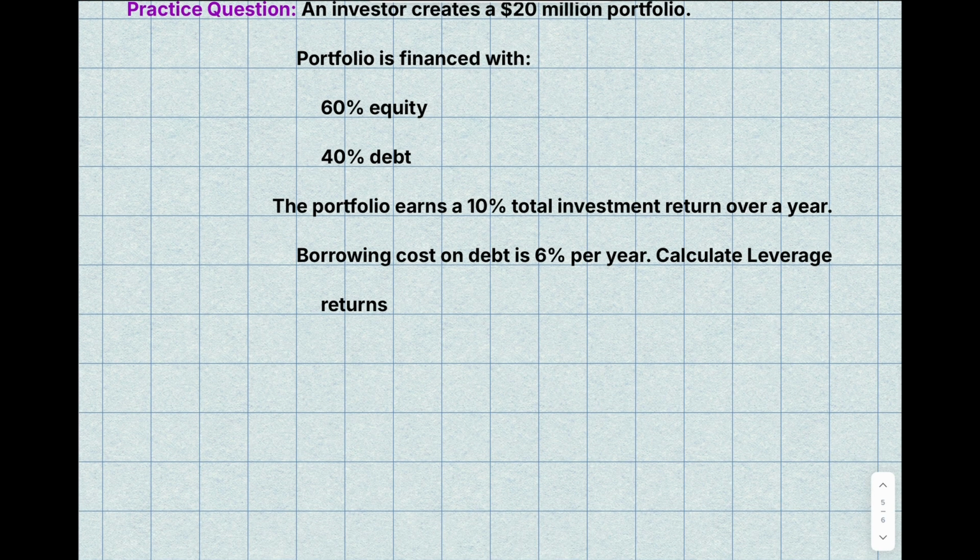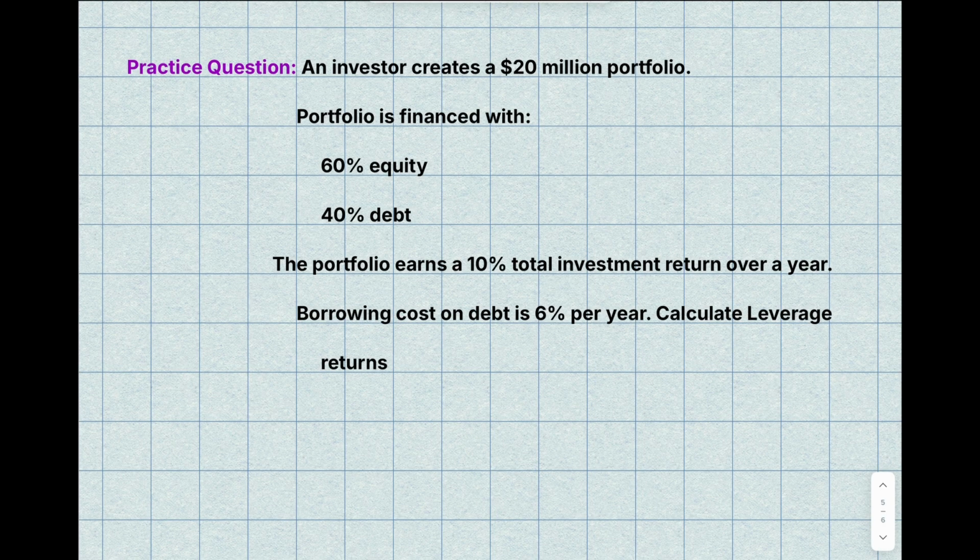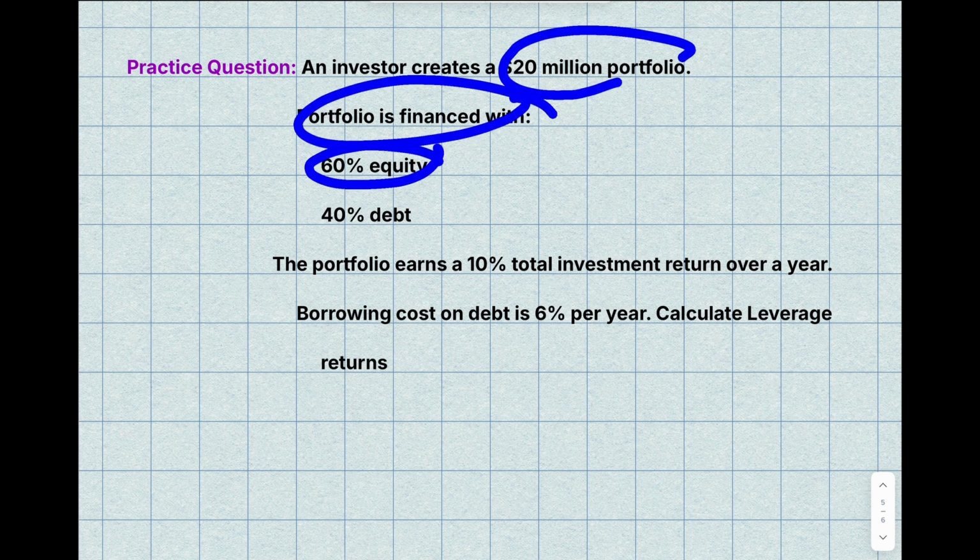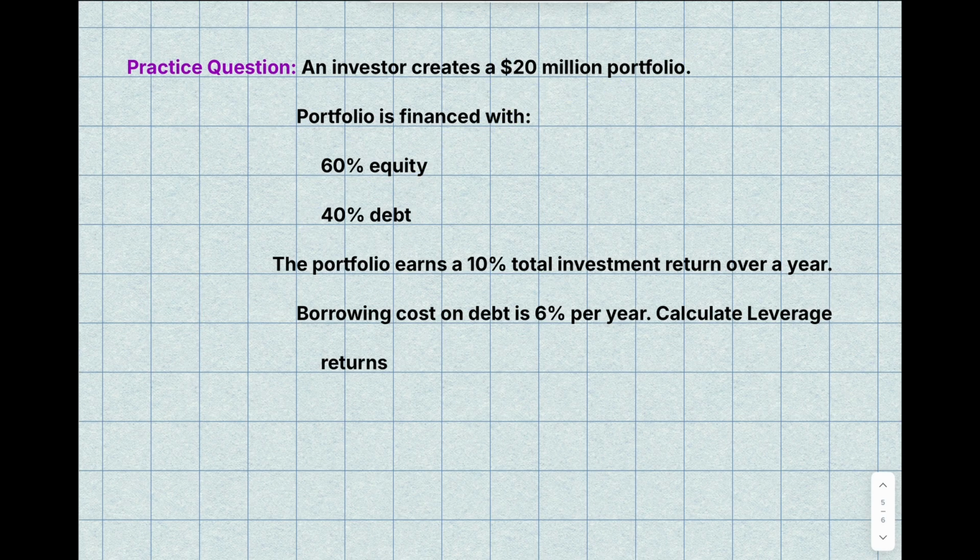An investor creates this portfolio, and this entire portfolio is financed by 60% equity, 40% debt. Debt means borrowing, and the portfolio earns a 10% investment return over a year. Okay, cost of borrowing is 6%. So just by looking at this, you can understand that it is having a favorable leverage. So it will be in profit.